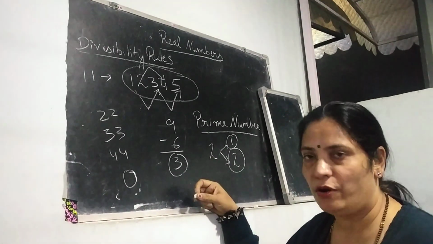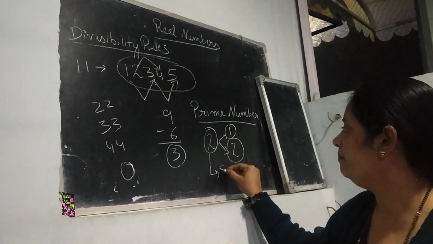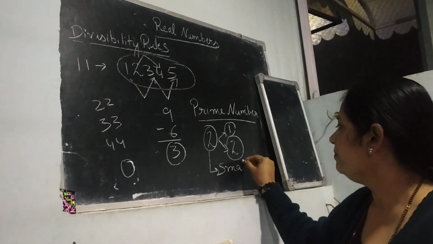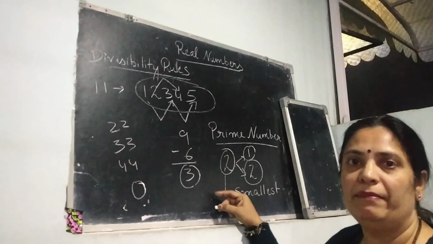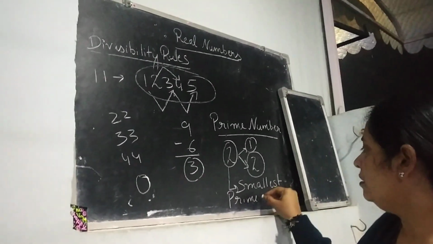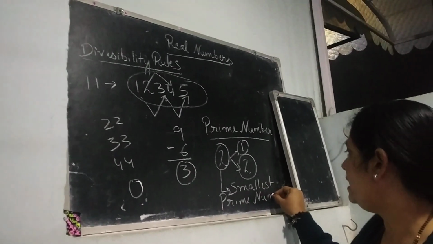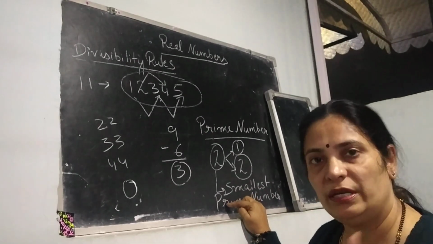The important thing is, 2 is the smallest prime number and the only prime number which is even. There is only one even prime number.